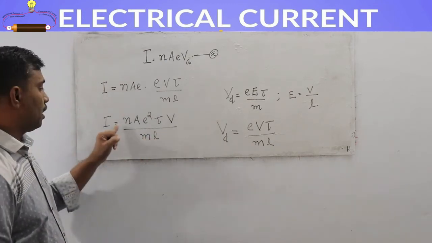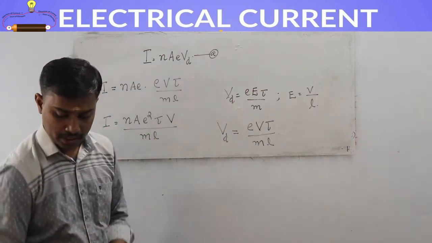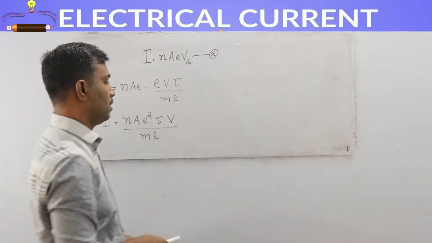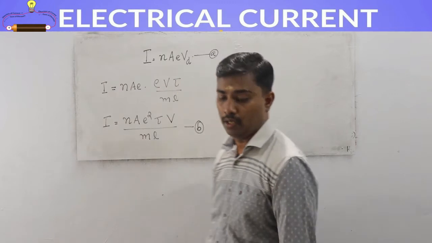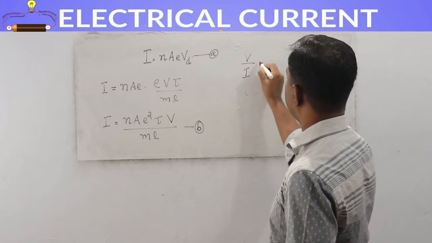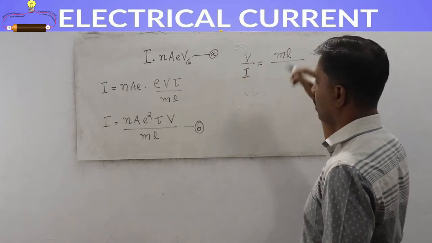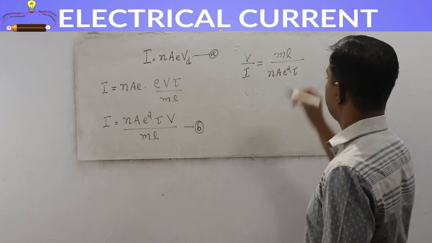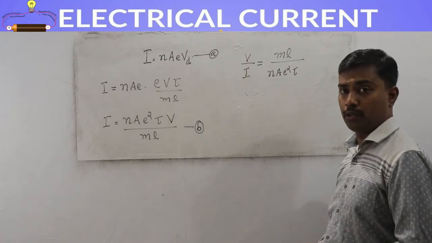I consider this equation number B. From this equation, I am finding the V by I value. V by I is equal to mL divided by nAe square tau.